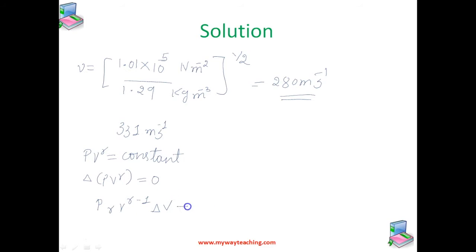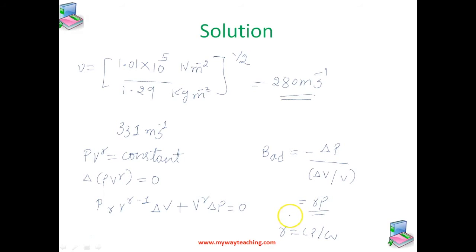If you differentiate that, we get, thus for an ideal gas, adiabatic bulk modulus is given by this, this is the bulk modulus, isn't it? Where gamma is the ratio of two specific heats, that is nothing but Cp by Cv. We know this, isn't it?